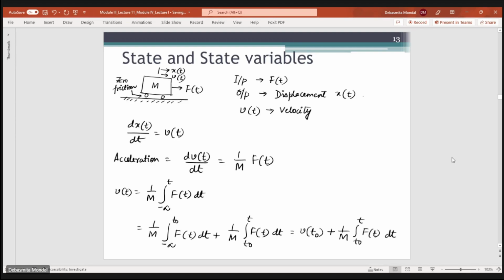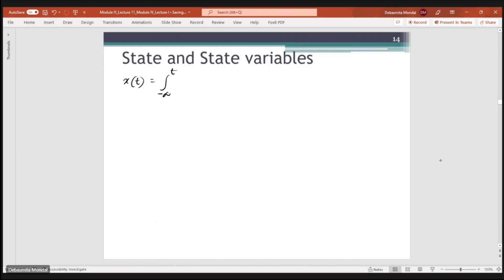In the second case, the value of x(t) is nothing but the integral from minus infinity to t of v(t) dt, right? Similarly, this is the integral from minus infinity to t0 of v(t) dt plus t0 to t of v(t) dt.